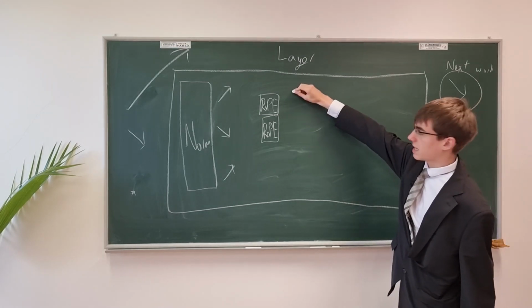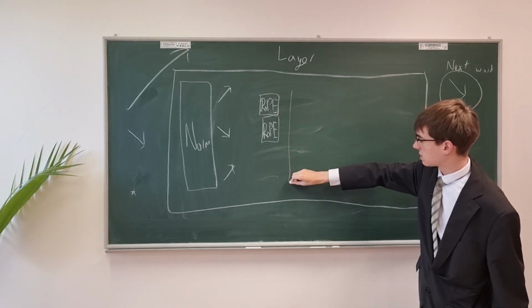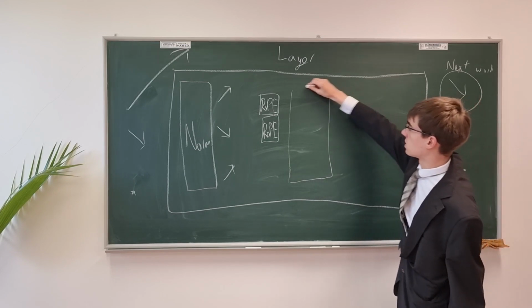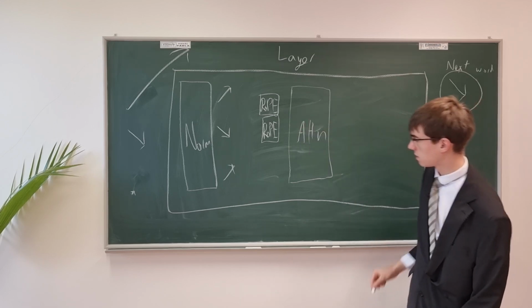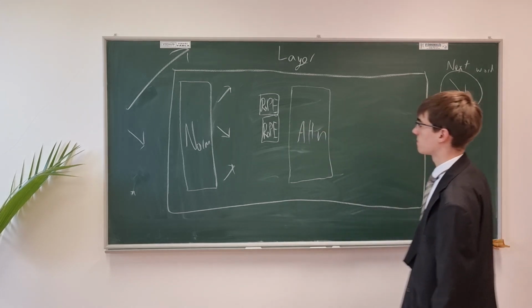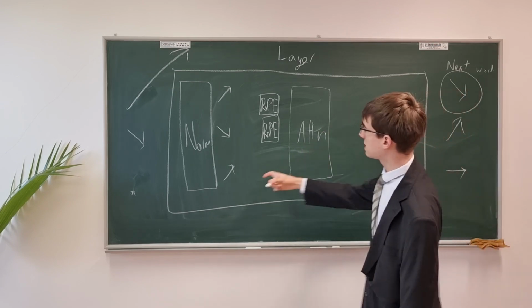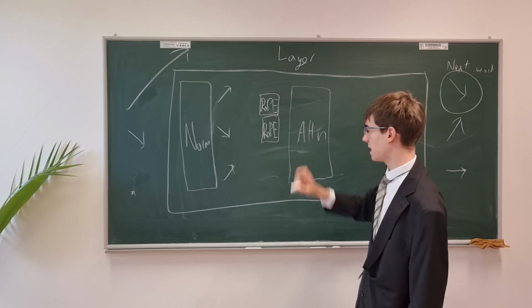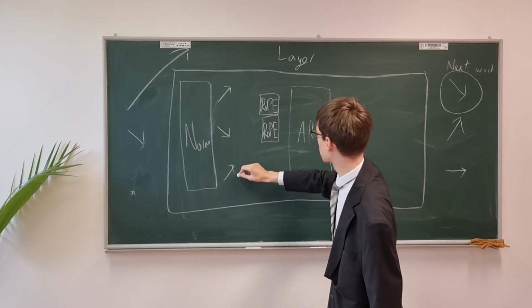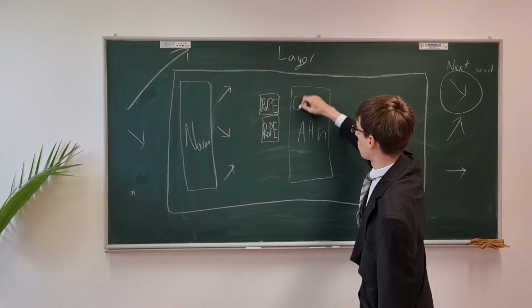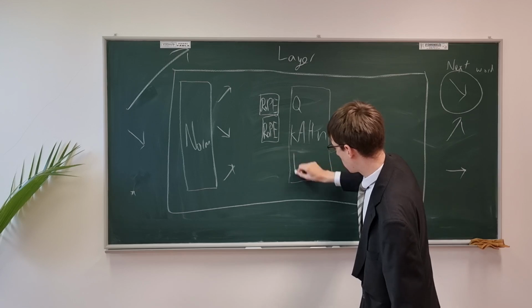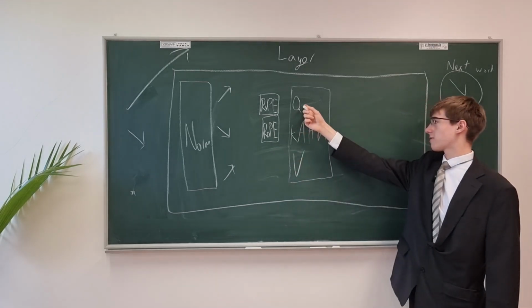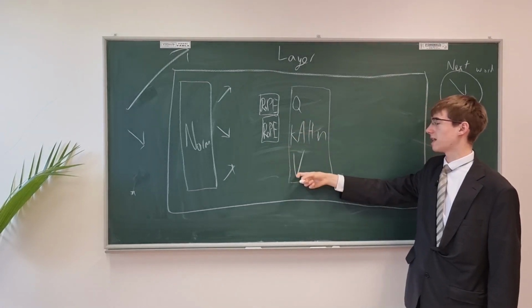The next step is something called attention, abbreviated thus. What attention does is it takes in all of the arrows, all of the vectors here, and it takes it into 3 slots. The query slot, the key slot, and the value slot.